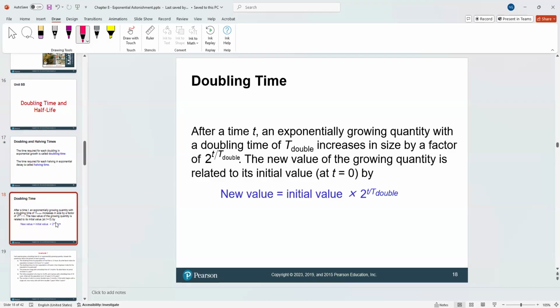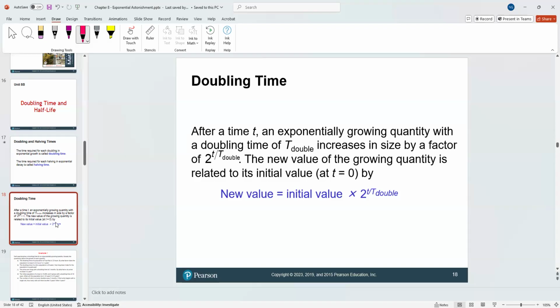The new value of the growing quantity is related to its initial value, at t equals 0, by this formula. So this formula gives us the new value: the size of a population after time t is its initial population times 2 to the power t divided by T double.